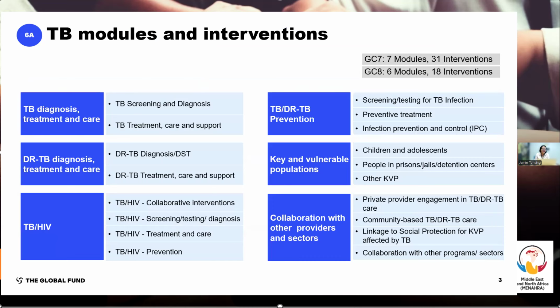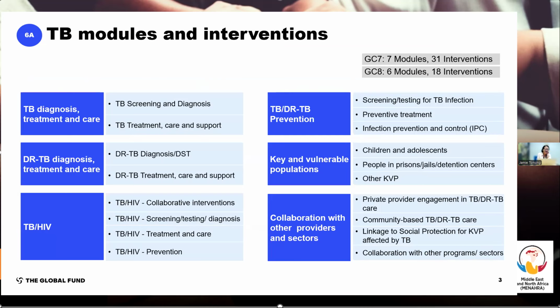So let's start with the TB modular framework. I think many of you probably already know the way the funding request for all interventions is done. It's around TB modules or interventions, so we can track what activities are under each module. It is also linked to how we budget and how we summarize the budget, so it's important that we maintain this framework of modules and interventions.